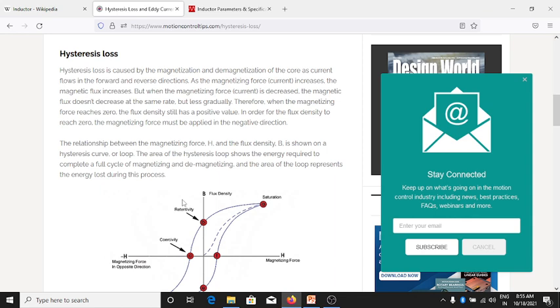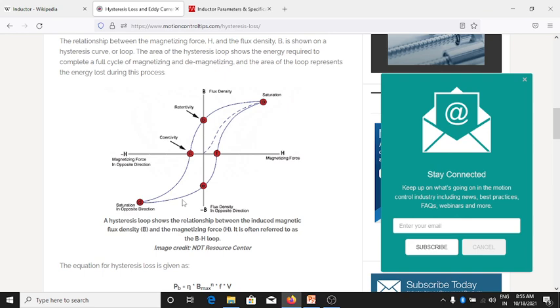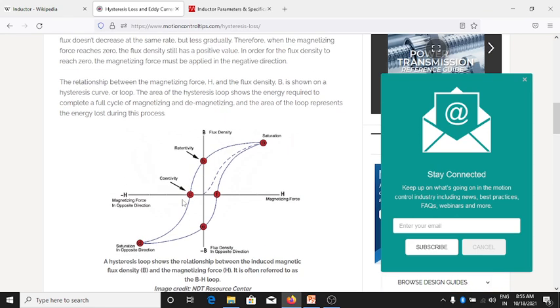But when the magnetizing force is decreased, the magnetic flux does not decrease at the same rate, but less gradually. Therefore, when the magnetizing force reaches zero, the magnetizing force must be applied in the negative direction. Okay.